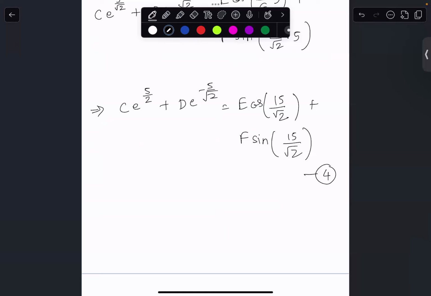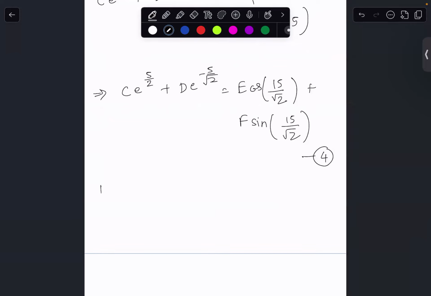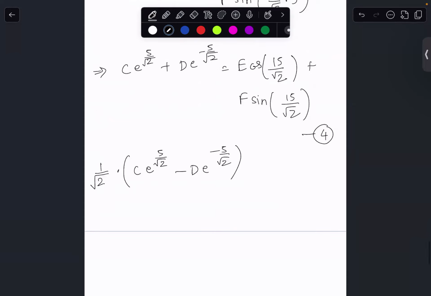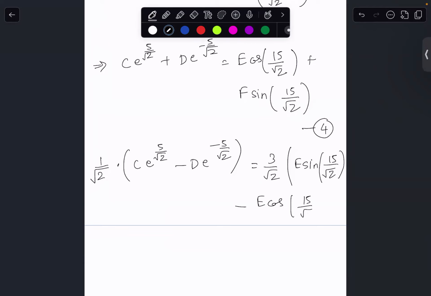Now we equate the first derivatives of f in region 2 and 3 at x equals 5. That should be 1 upon square root of 2 c e to the power minus 5 upon square root of 2 minus d e to the power minus 5 upon square root of 2 should be equal to 3 upon square root of 2 times e sine of 15 upon square root of 2 minus e cos of 15 upon square root of 2.